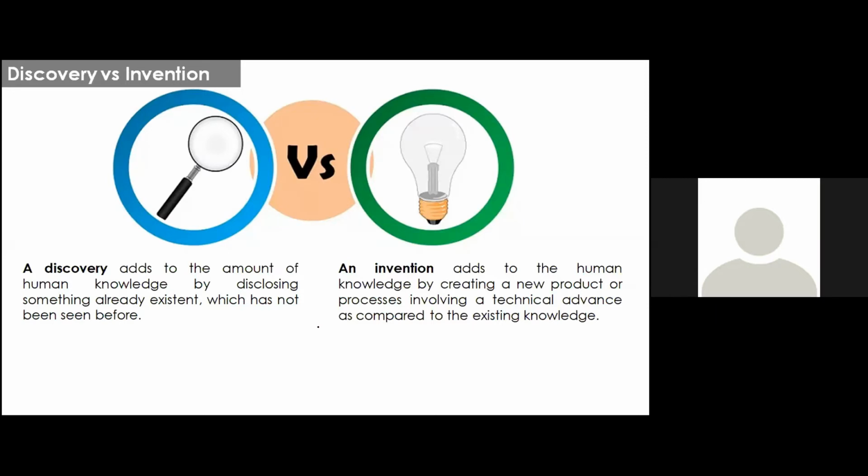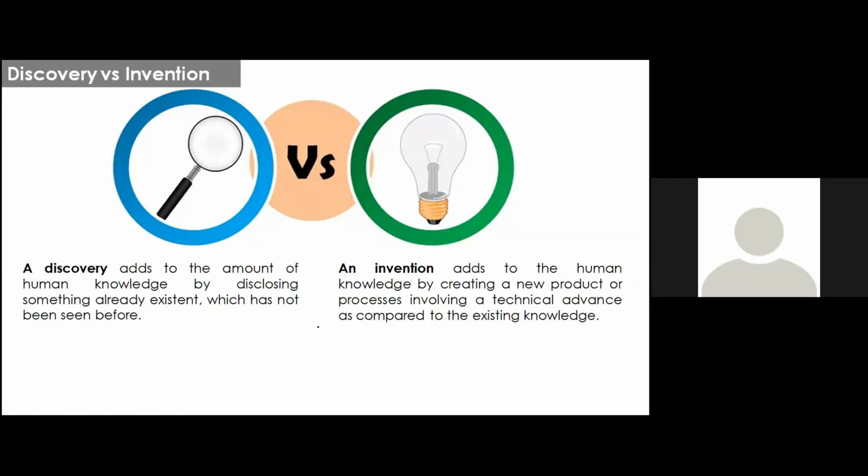However, an invention is human knowledge creating a new product or process, or making technical advances compared to the existing knowledge. That is invention and that is patentable. I hope the distinction between discovery and invention is clear.